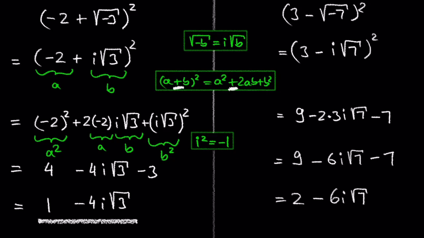So we get 2 minus 6 times I times the square root of 7, and we're done with this problem.